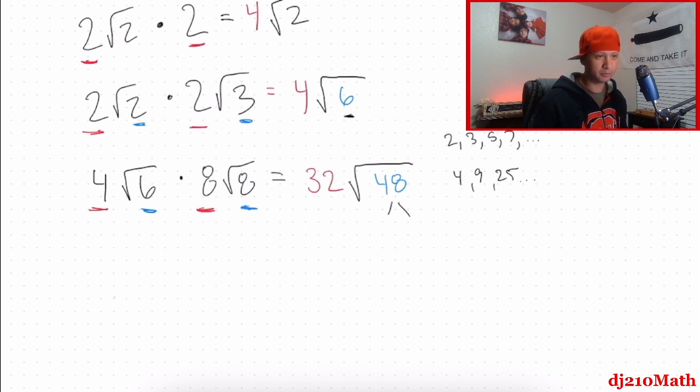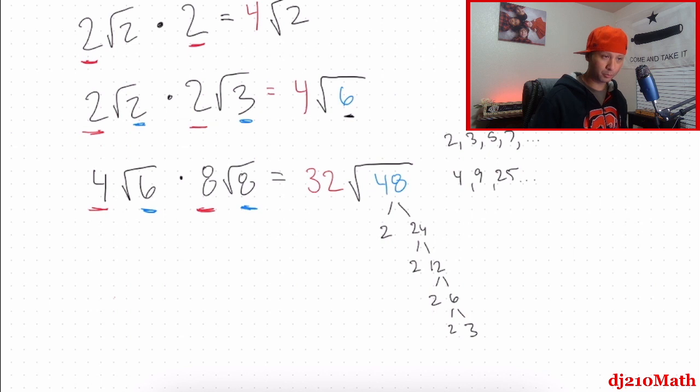These will work also. Whichever one you use, it truly doesn't matter, because it's all going to work out the same. So I'm just going to use 2. 2 goes into 48 24 times. 2 goes into 24 12. 2 goes into 12 6. 2 goes into 6 3 times.